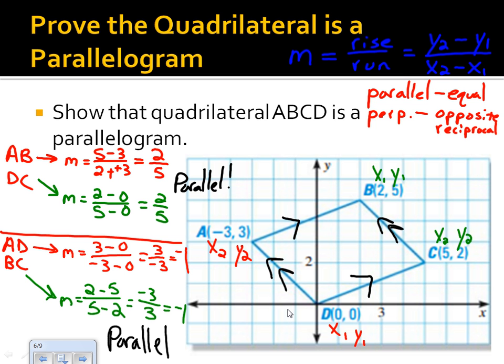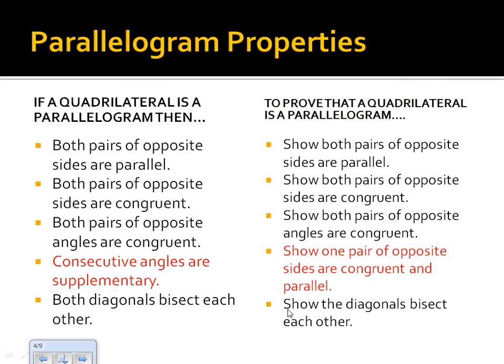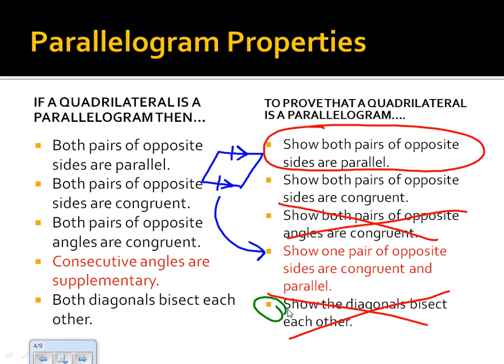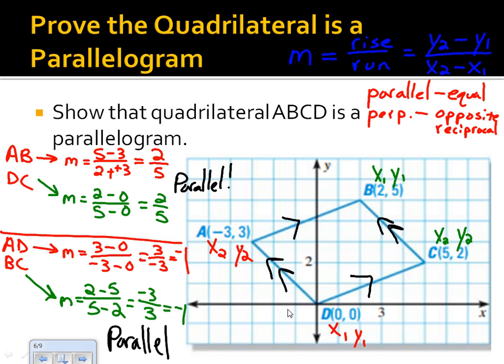Okay. There's another way we could have done it if you wanted to. So notice we used the slopes. We also could have said that both pairs of opposite sides are congruent. So you could have done AB and DC, and you could have found the distance for both of them using the distance formula to show that they're the same length. And then you could have done the same thing for the last two, AD and BC.